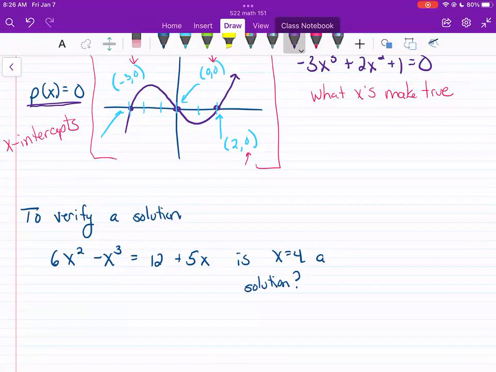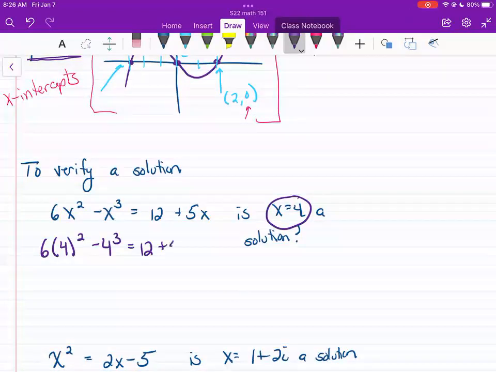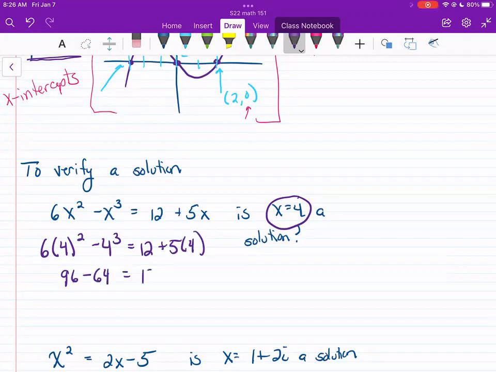To verify a solution, if we have a polynomial such as the one listed here, we simply take the value listed and plug it in to see if it makes the equation true. Here, if we plug in 4, on the left side, we end up with 96 minus 64 equals 12 plus 20, which gives us 32 equals 32.